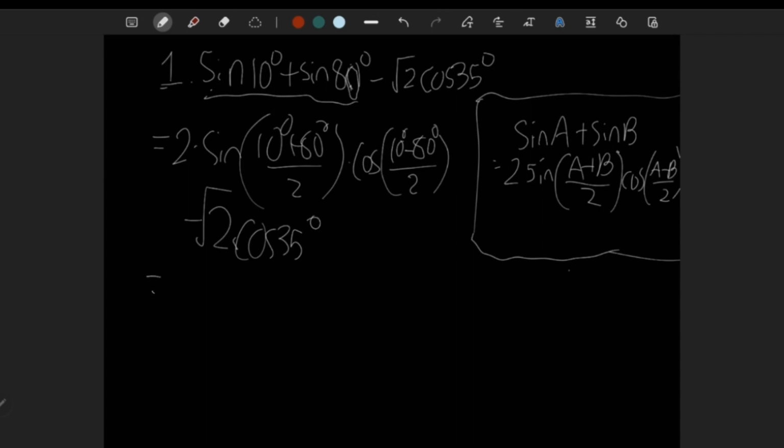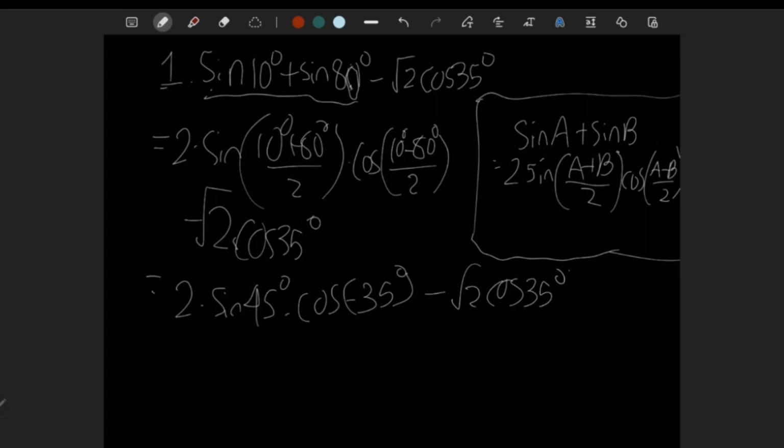And then we'll get 2 times sine 45 degrees times cos minus 35 degrees minus root 2 cos 35 degrees.